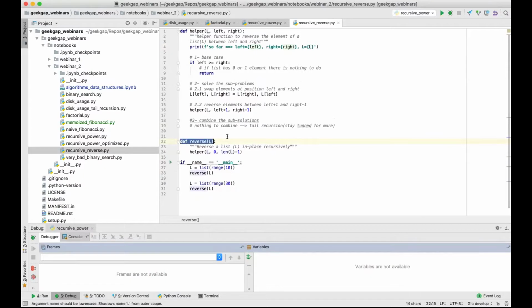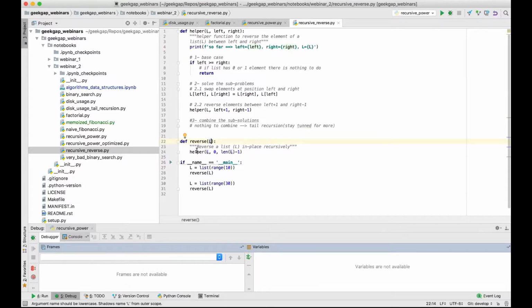This is our reverse function here, and the person trying to reverse a list doesn't want to know about our implementation details. He doesn't want to know that we have those boundaries, but actually they're useful for us.